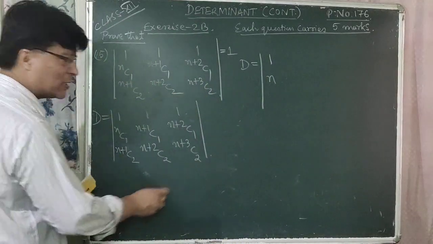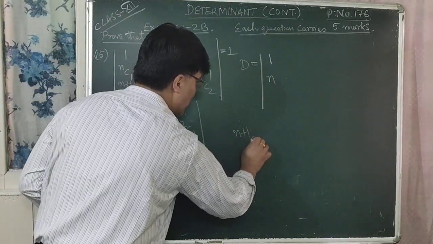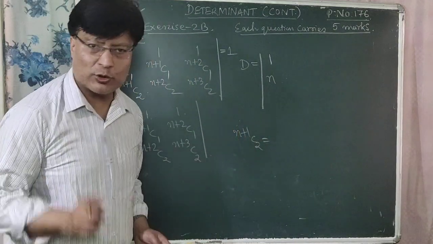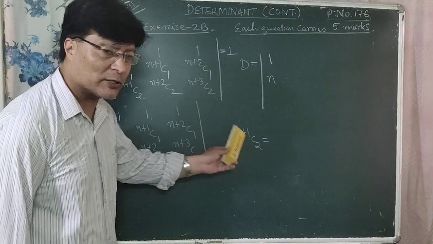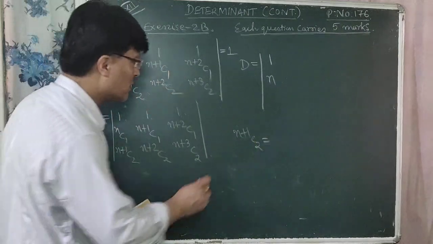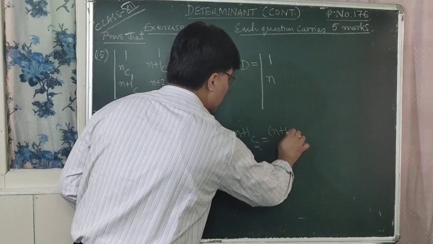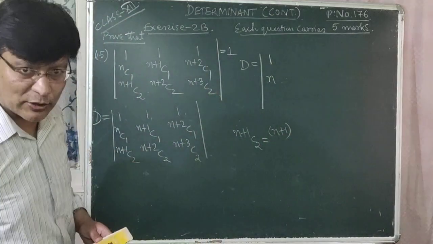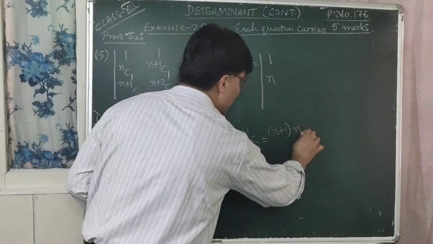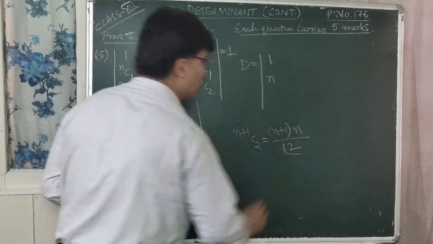Next, what is n plus 1 C2? What does it mean? Starting from n plus 1, you should write the starting term as n plus 1. How many factors should be there? 2 factors. That is, the first factor is n plus 1. From there, what should we do? Do 1 less from n plus 1. So 1 less from n plus 1 gives n, divided by factorial 2.